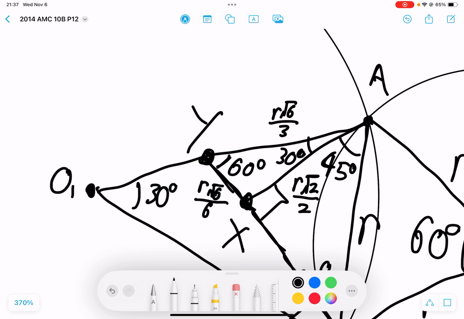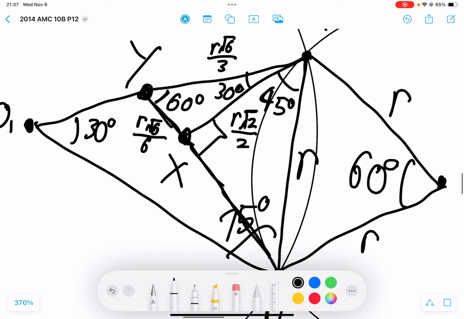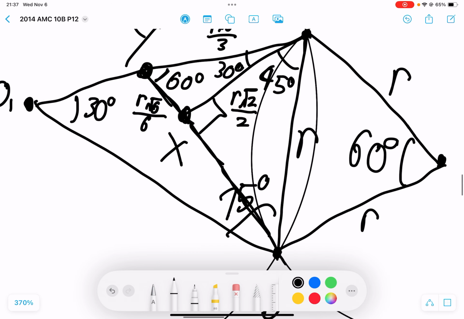How do we find YO1 though? Well, let's use the remaining triangle. So we know that this is 75 and this is 45. So the other angle is 30 degrees.